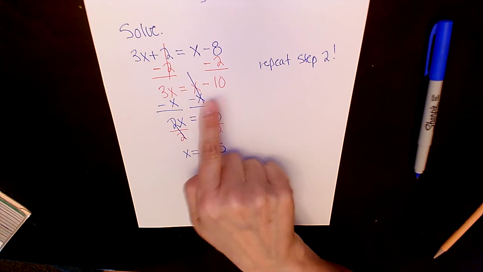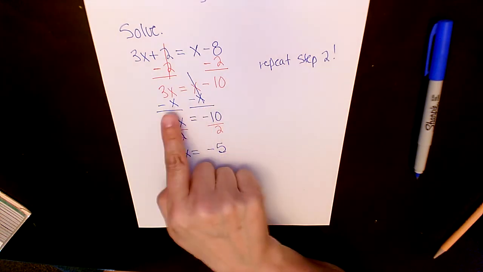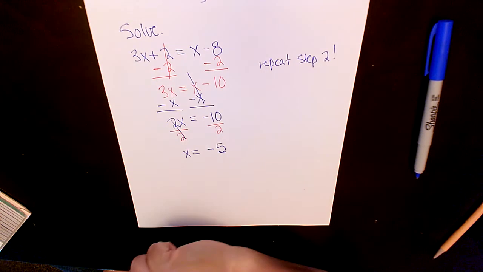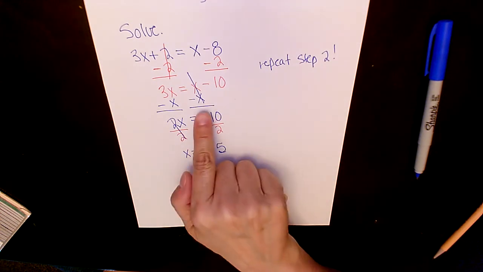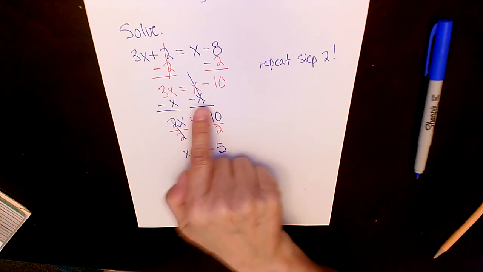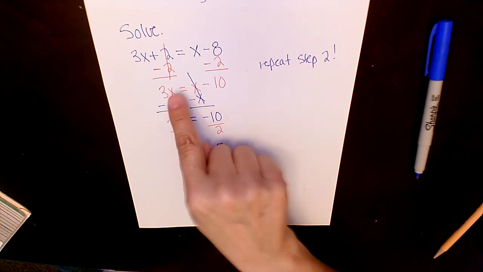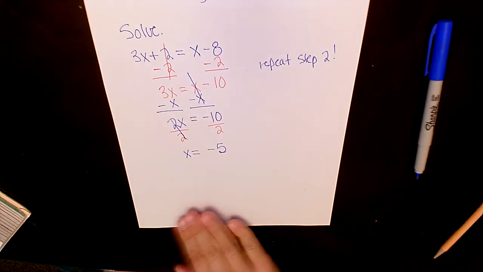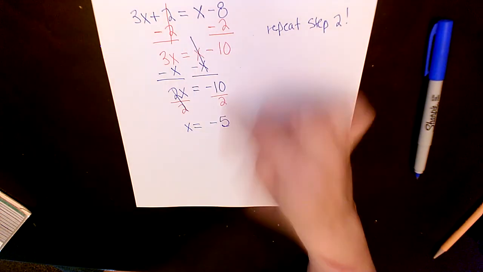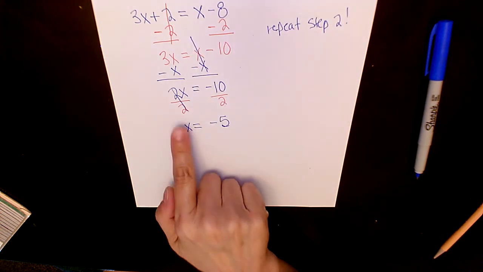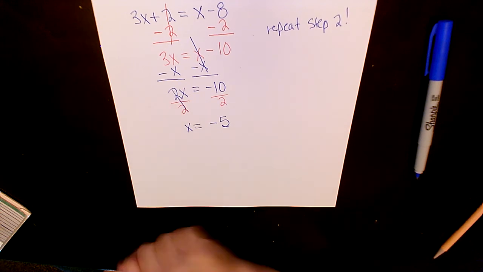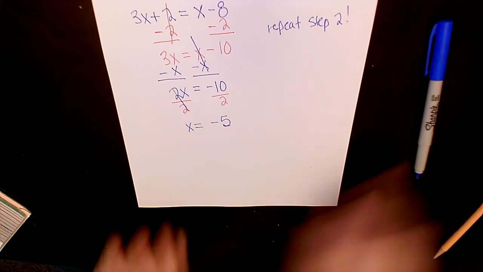And then we repeat step 2, and we add or subtract with the variables. I did the numbers first and the variables second. So I subtracted x from both sides. That's a 1x. So 3x minus 1x is 2x. These canceled out. I brought down my negative 10. Last step, divide both sides by 2, and we get x equals negative 5.